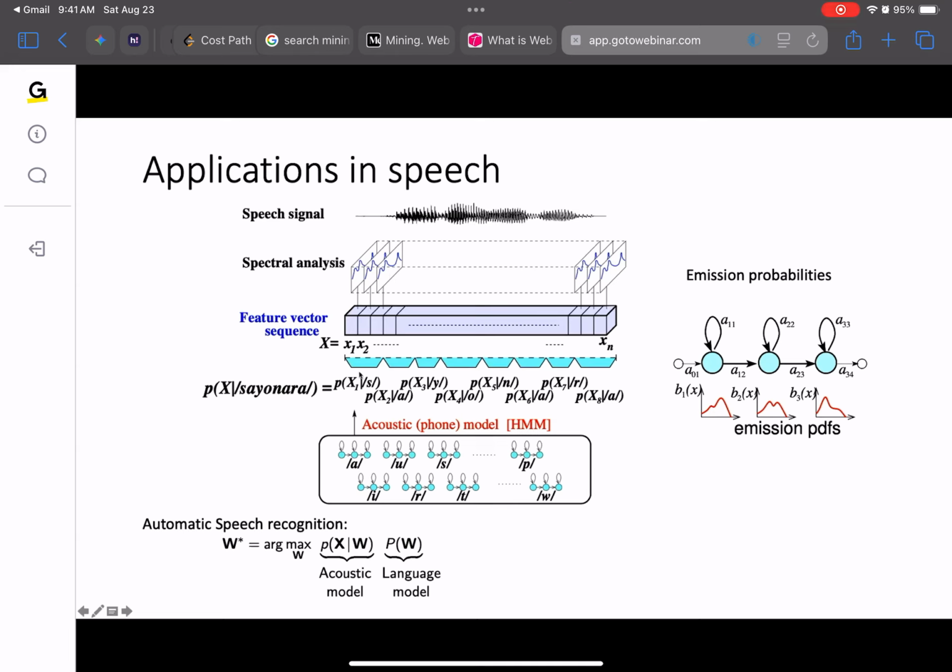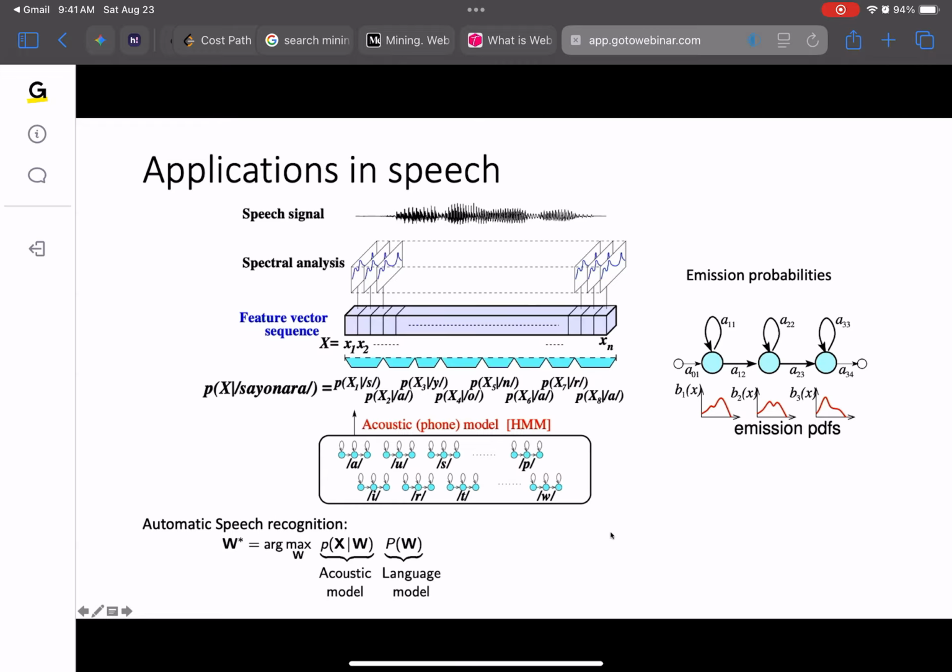Given an acoustic sequence as an input, the acoustic model is modeled using HMM, and it estimates the best possible phone sequence. Since the observations are in continuous space, unlike in the POS tagging problem where we considered a probability mass function, in speech applications we consider emission probabilities as continuous densities, and this can be modeled using Gaussian mixture models.